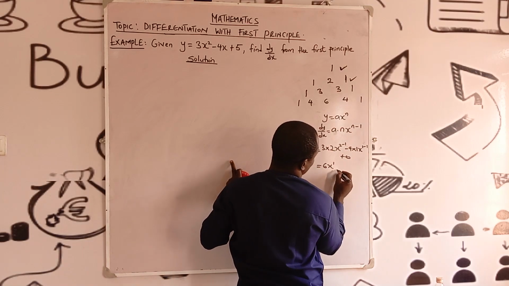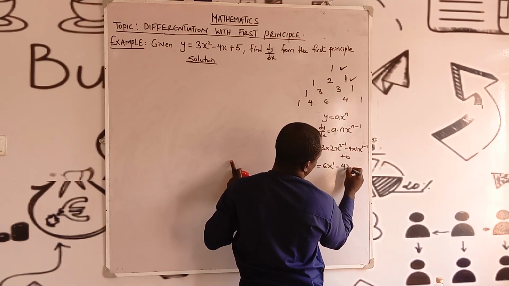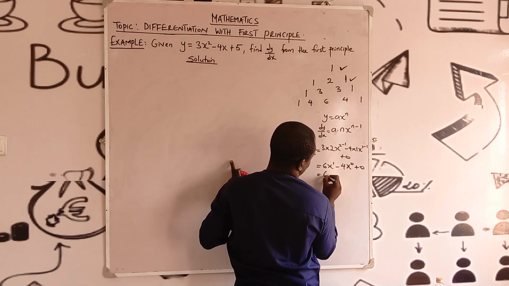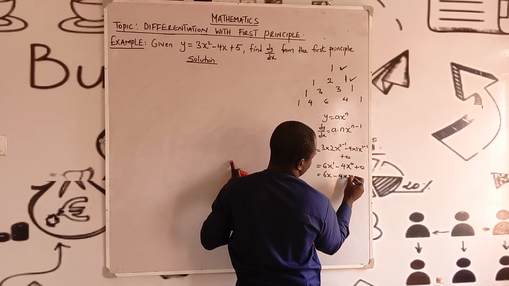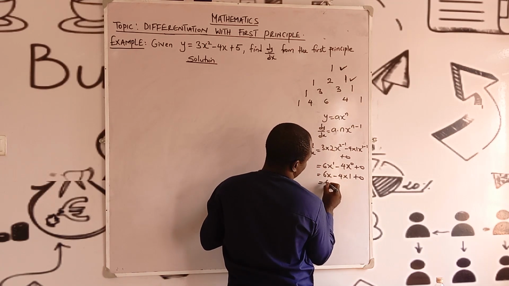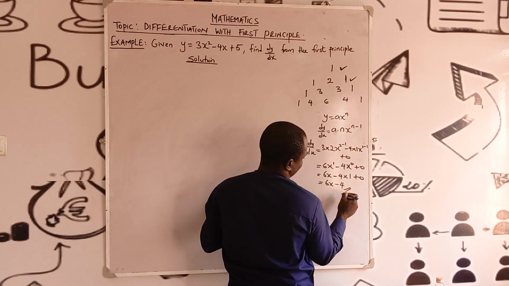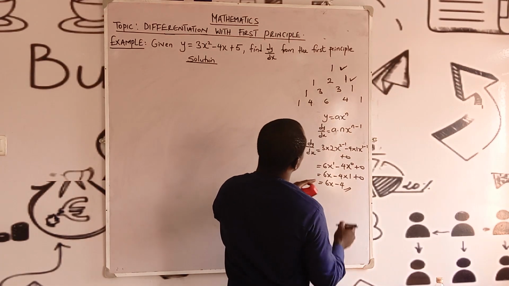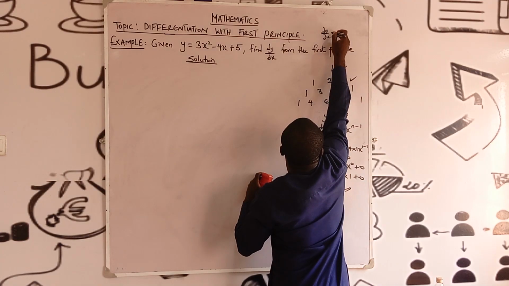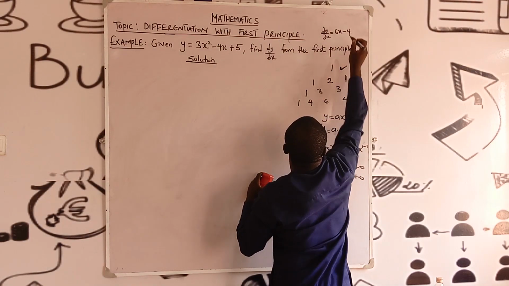That is 6x raised to power 1, minus 4 times 1, 4, x raised to power 1 minus 1 is 0, plus 0. Because 6x to the power 1 is x, minus 4 times x to the power 0 is 1. Anything raised to 0 is 1. Plus 0 equals 6x minus 4. So when we differentiate with the general method, we have dy over dx equals 6x minus 4.